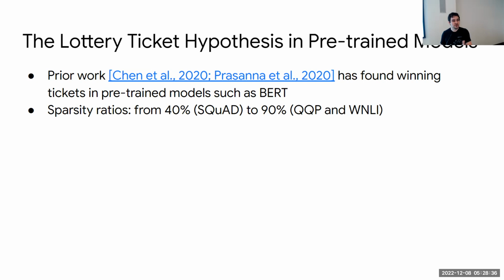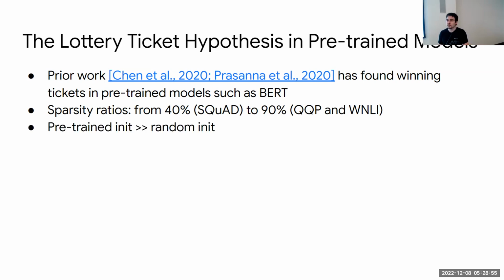And people have observed that the sparsity ratio for these networks is task dependent. So for some more complex tasks, you want to keep more connections in your model, whereas for simpler tasks, you can prune almost all of the parameters of your pre-trained model.